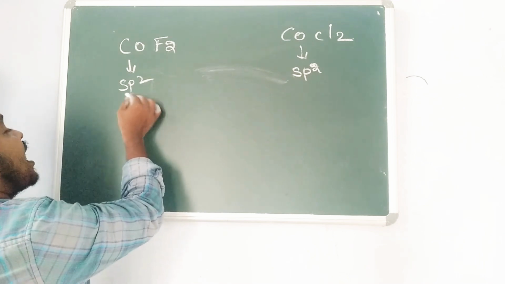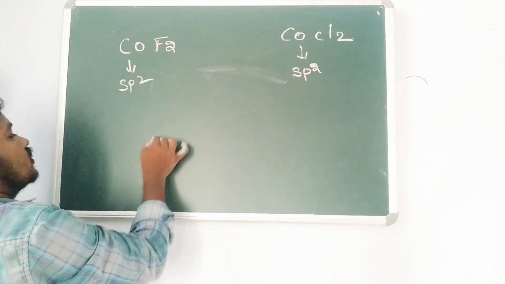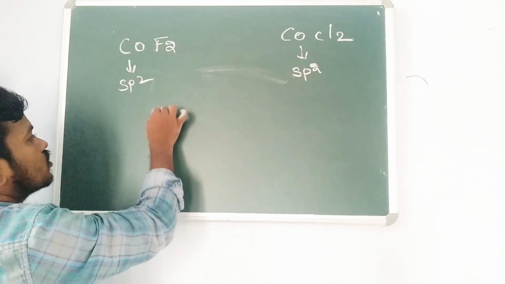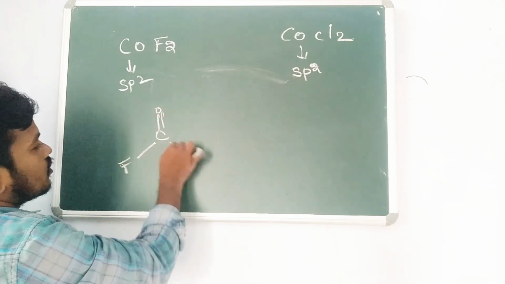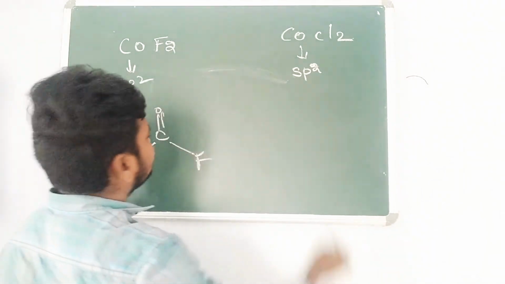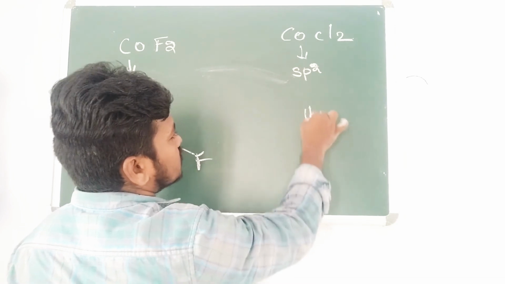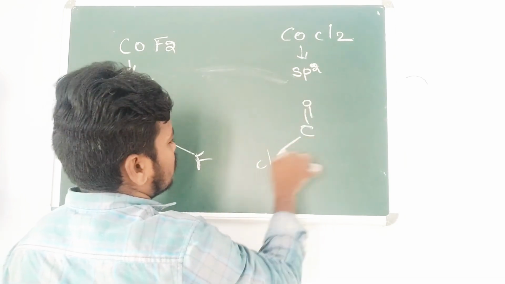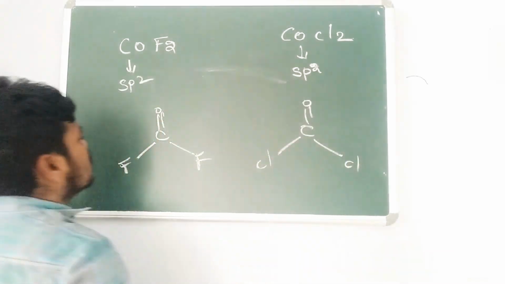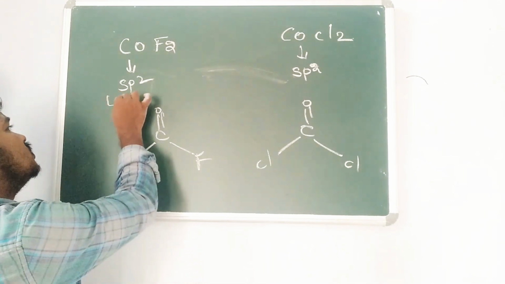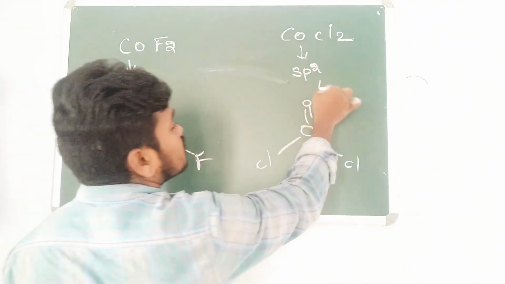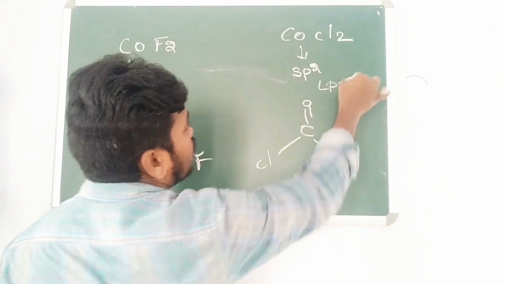So sp2. Lone pairs, draw the structure, then only we can count the lone pairs. Fluorine, fluorine. Draw the structure, C=O, fluorine, fluorine, which has lone pairs also 0. Here also lone pairs 0. Which has the larger bond angle?